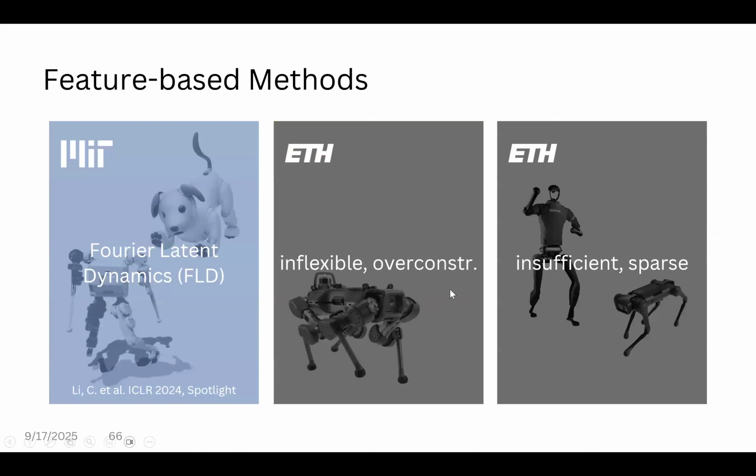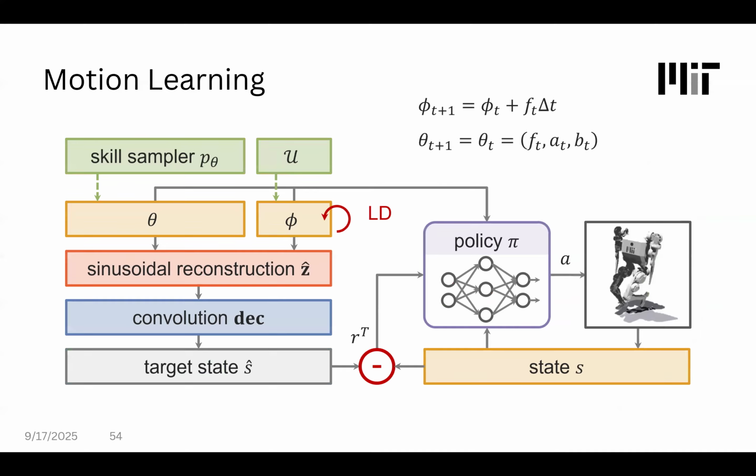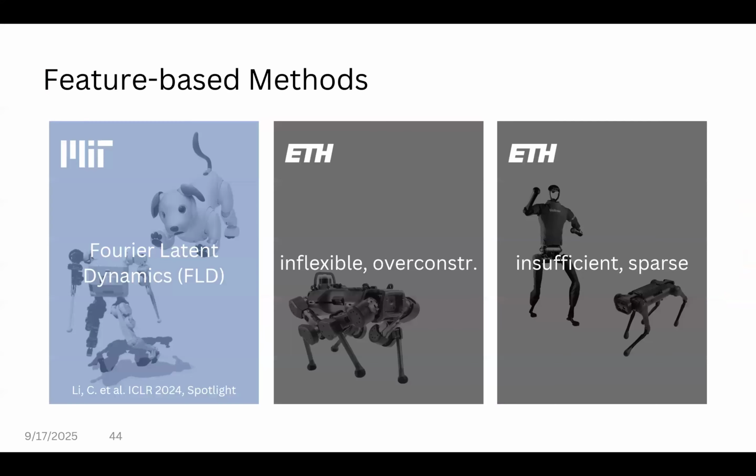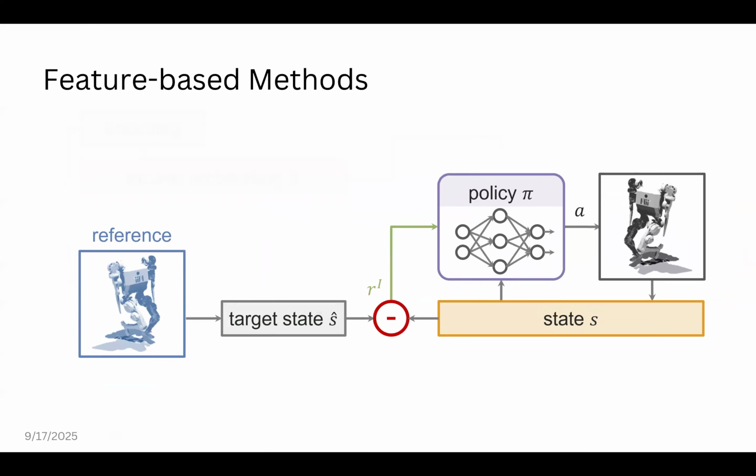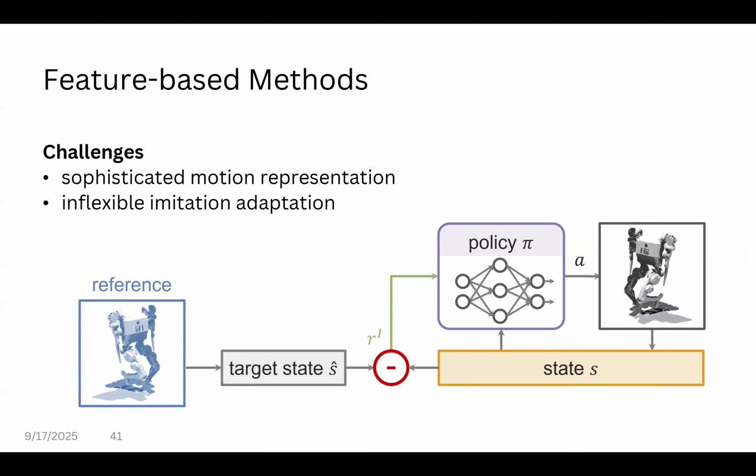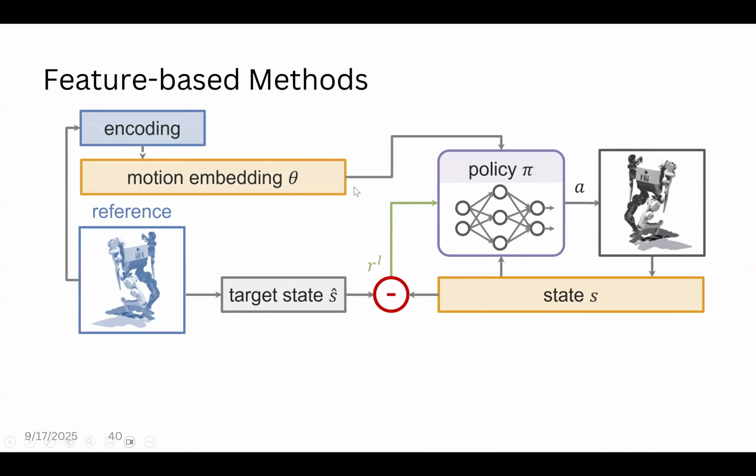I can fall back to the initial plot we showed. Basically, it's this one, right? Here. So many people now, what they do is they don't have a well or explicitly constructed embedding as what we just presented. What they do is they throw in a ton of different kinds of motions, and of course they have either some encoder like a variational autoencoder, or directly feed the frames into the policy.